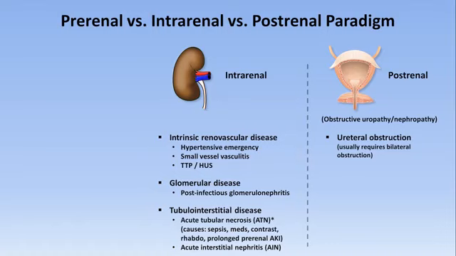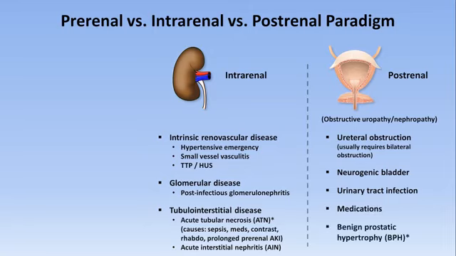Postrenal AKI can also be due to a so-called neurogenic bladder, which cannot generate the contractions necessary to void properly. It can be uncommonly from urinary tract infections, in which either inflammatory debris or edema leads to obstruction of the urethra. Various medications can directly interfere with the GU system. And last, benign prostatic hypertrophy is a significant cause of obstruction.